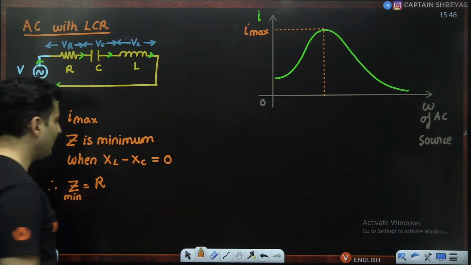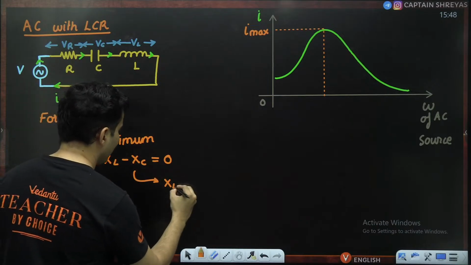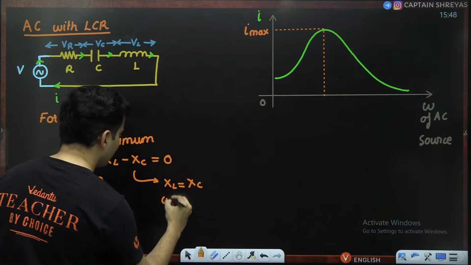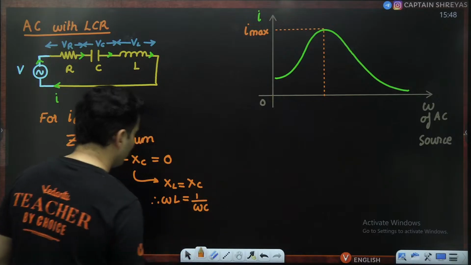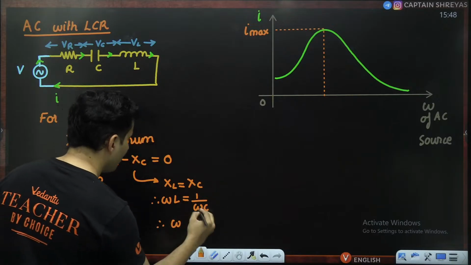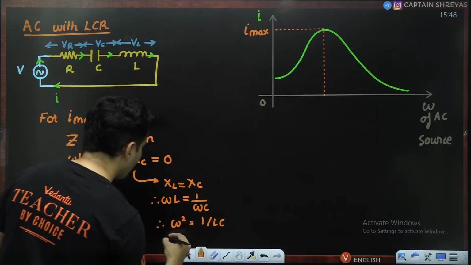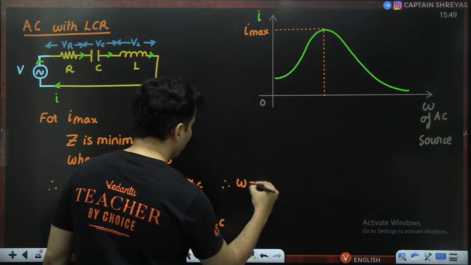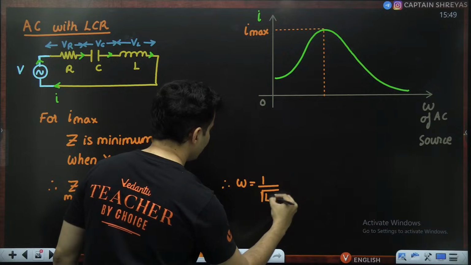And because XL minus XC is 0, it just means XL is equal to XC. XL is nothing but omega L. XC is nothing but 1 by omega C. So therefore omega into omega is 1 by LC, or I can say that omega is 1 over root LC.